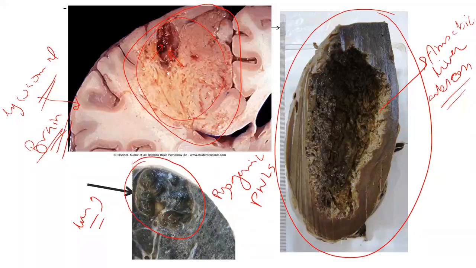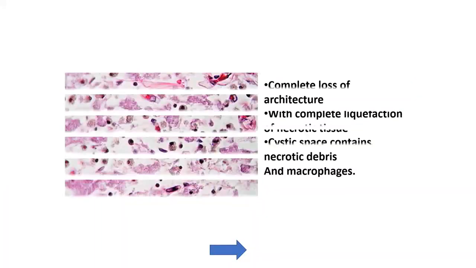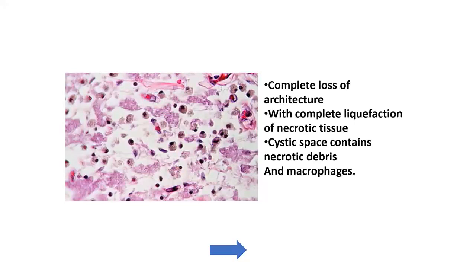So this is ischemic necrosis, and the source of enzyme here is lysosomal enzyme. This is autolysis. Auto means by myself. So I have lysosomal enzymes acting in the brain infarction, leading to liquefaction of the area of infarction. So these are examples of liquefactive necrosis: pyogenic abscess, amoebic liver abscess, and brain infarction.